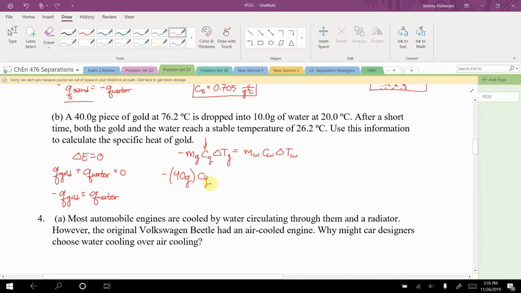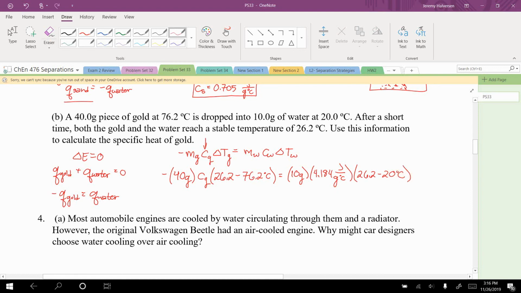I'm looking for the C of my gold, and change in temperature, 26.2 minus 76.2 degrees Celsius. That's going to equal the mass of my water. I've got 10 grams. Specific heat of water, 4.184 joules per gram degrees Celsius. And then the change in temperature is going to be 26.2 minus 20.